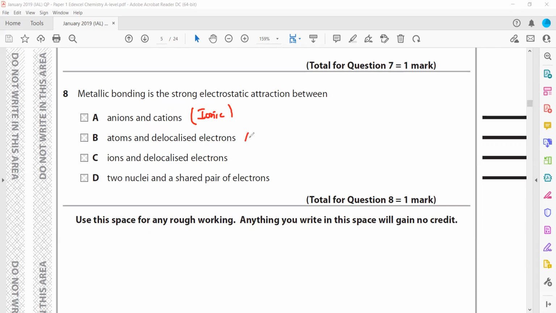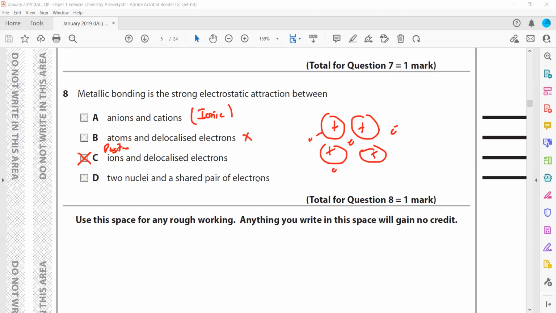Atom and delocalized electron is not the force. It is an ion and the delocalized electrons. They did not specify which ions here, but it is a positive ion and the delocalized electrons. When we have a lattice of positive ions and free delocalized electrons, they attract, and this is called a metallic bond. So C will be the right answer.